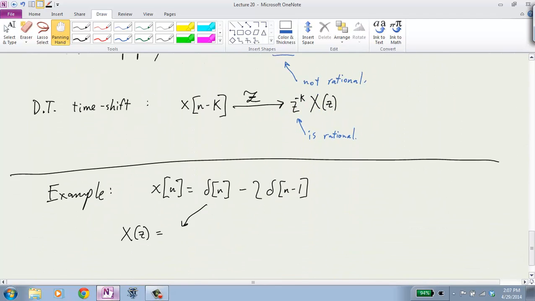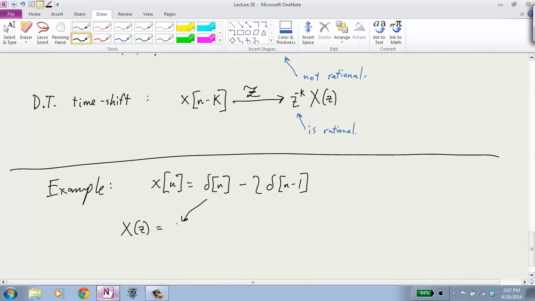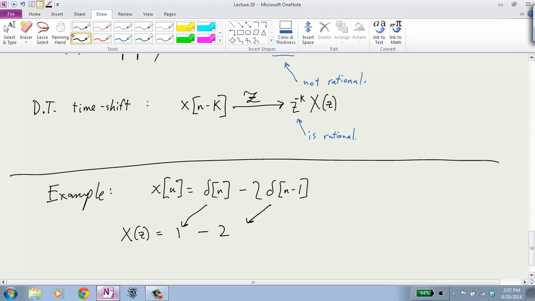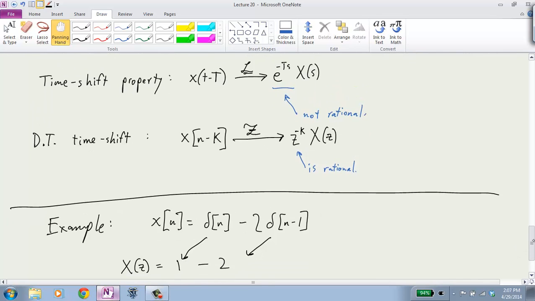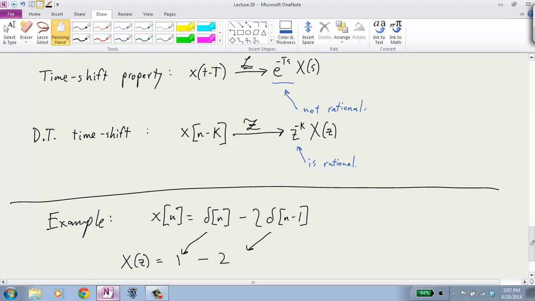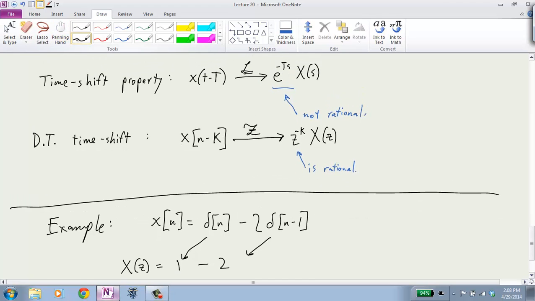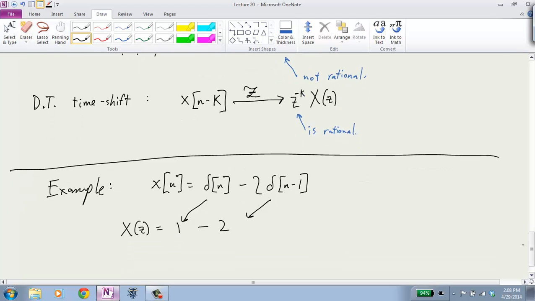Okay, so this is 1 minus 2 times, what's the z transform of that one? Well, you can plug it into the sum, just like you did, or you can use the time shift property, whichever one's faster. What's the answer going to be? Z to the negative 1.